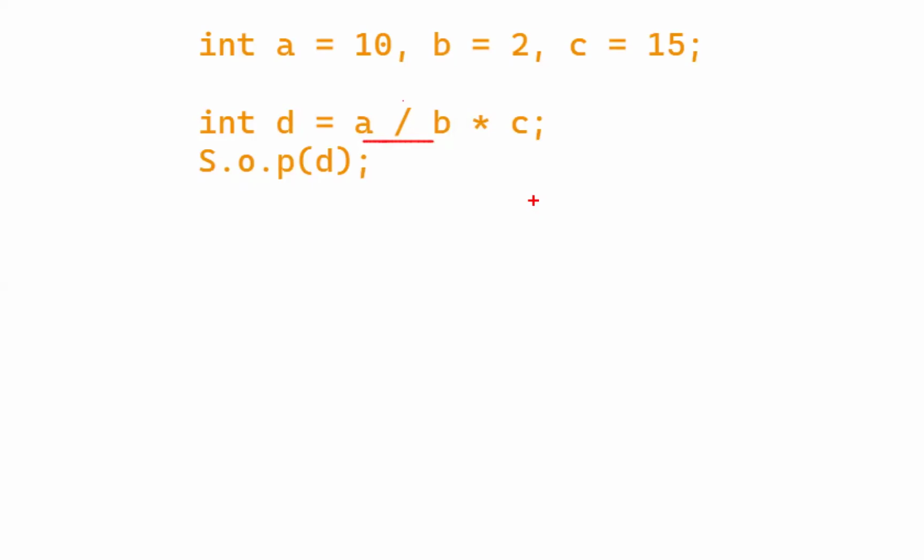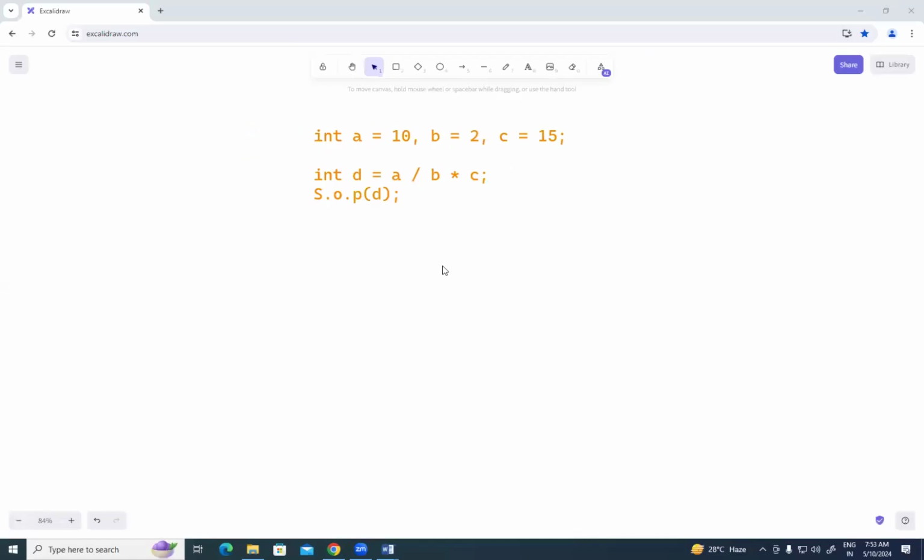Tell me, what's the value of A divided by B? 5. 5 into C. What's the C value? 15. 5 into 15 is 75. Output is 75. Am I clear, folks? Online folks, am I clear? Yes, sir. Okay.